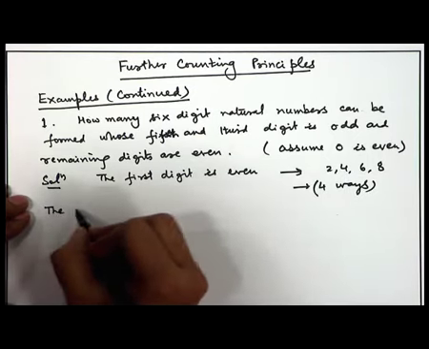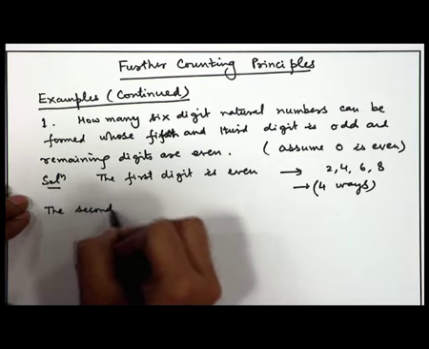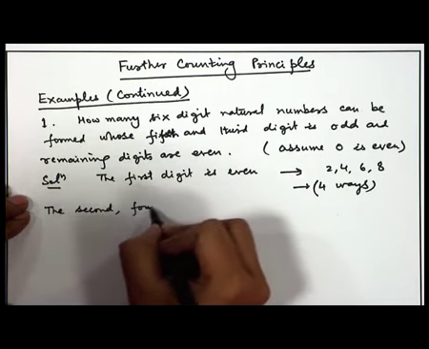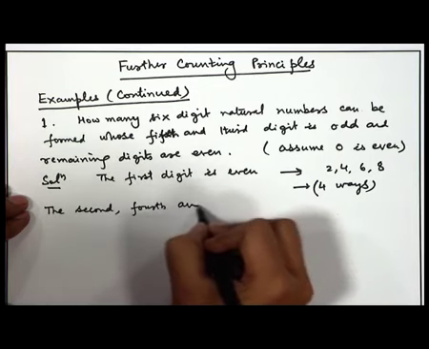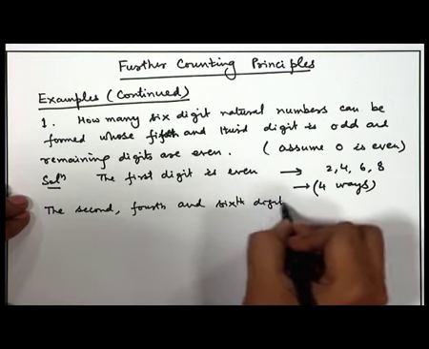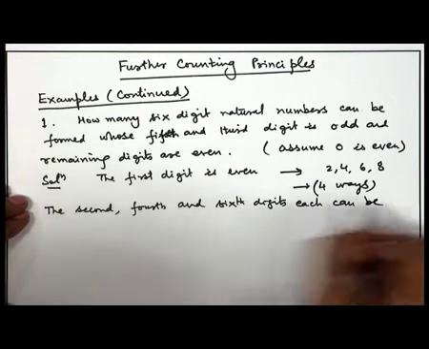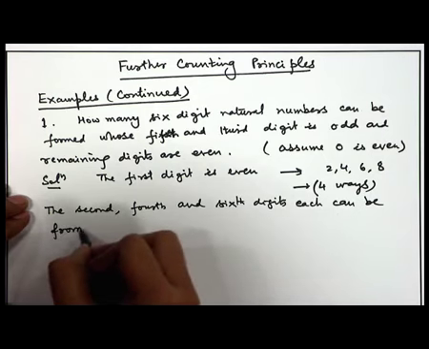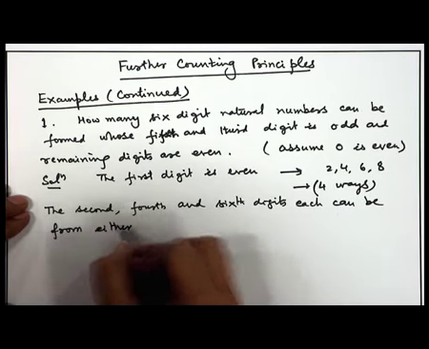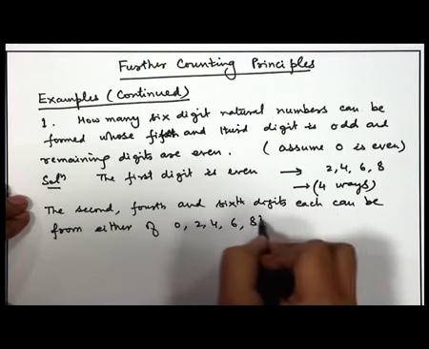Then the second, fourth and sixth digits each can be from either of 0, 2, 4, 6, 8.